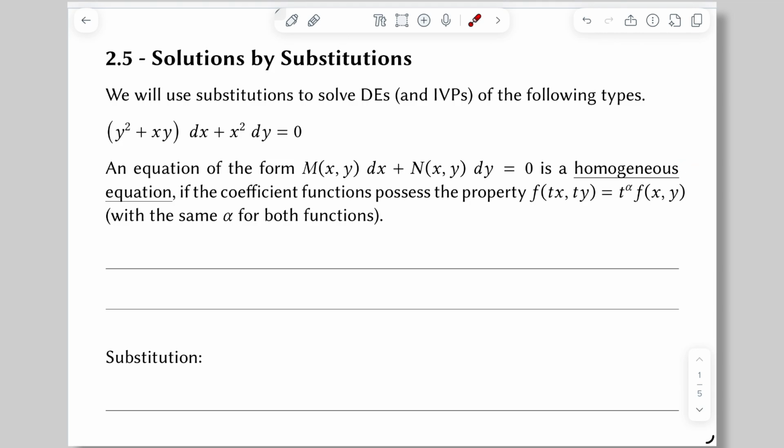If that property applies to m and n in the differential equation m of xy dx plus n of xy dy equals 0, then the equation is said to be a homogeneous equation.